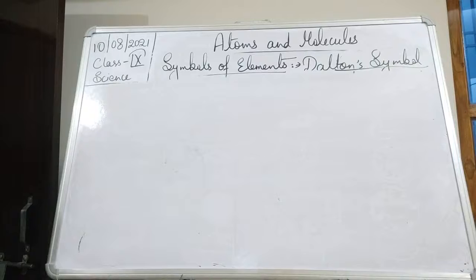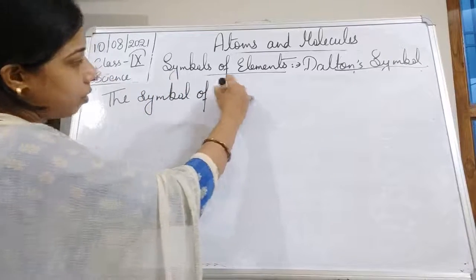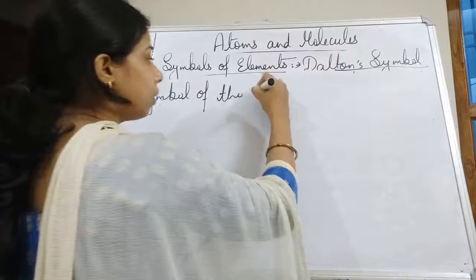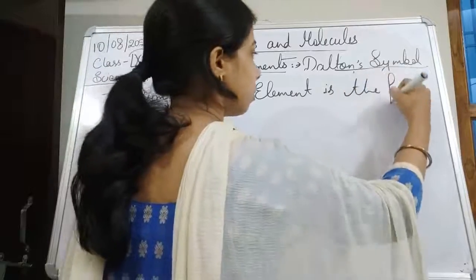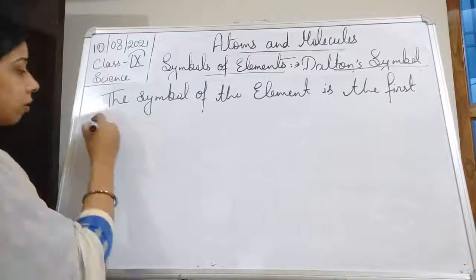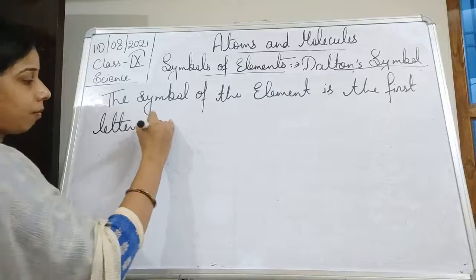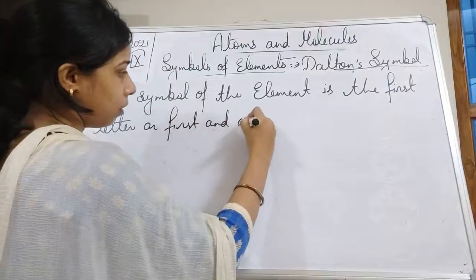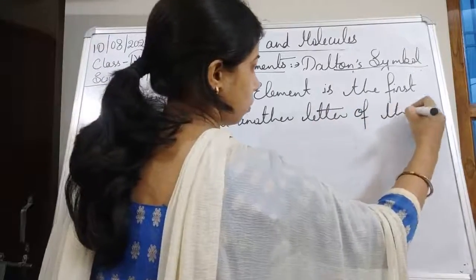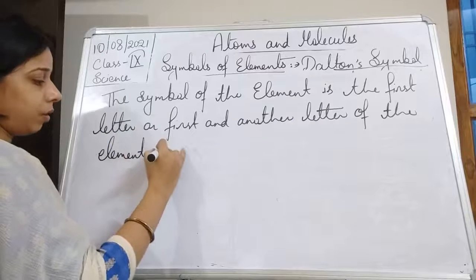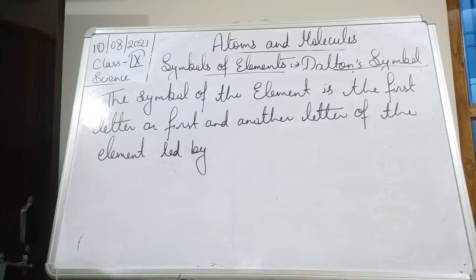So it was J.J. Berzelius who had explained. So we can write here that the symbol of the element is the first letter or first and another letter of the element, as given by J.J. Berzelius.